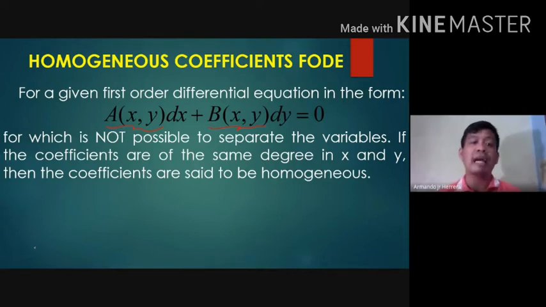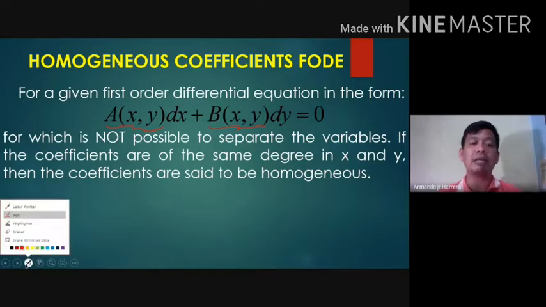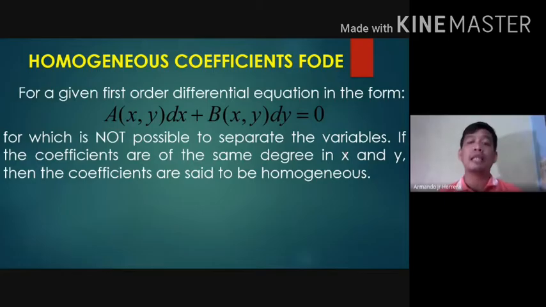So, ibig sabihin, kapag hindi na siya kayang ma-convert into separable, tapos nakita natin dito sa coefficient na to na of same degree sila, a and b are of same degree in x and y, then the coefficients are said to be homogeneous.